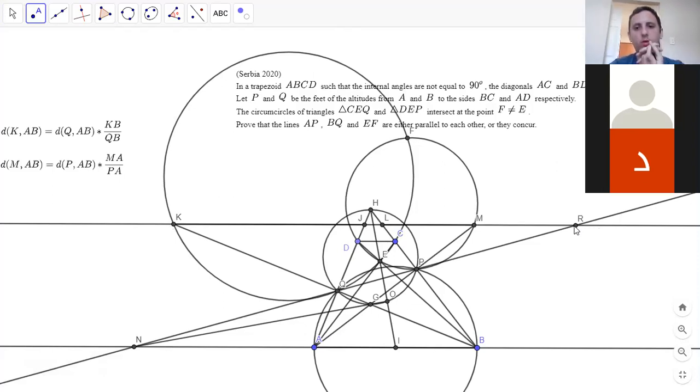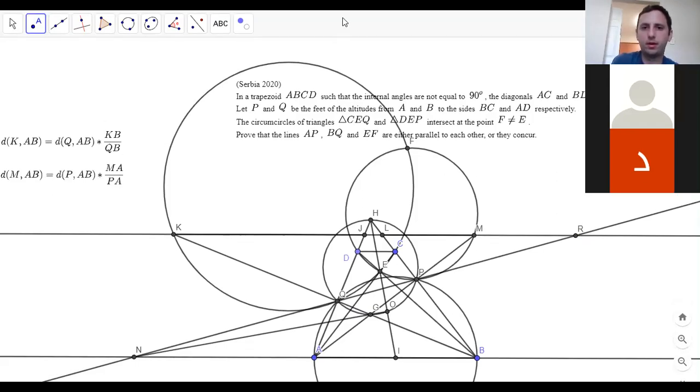What do we say about R? Yeah, so we want to show that this quadrilateral is cyclic. Let's see. Okay, that's fine. What's your solution?